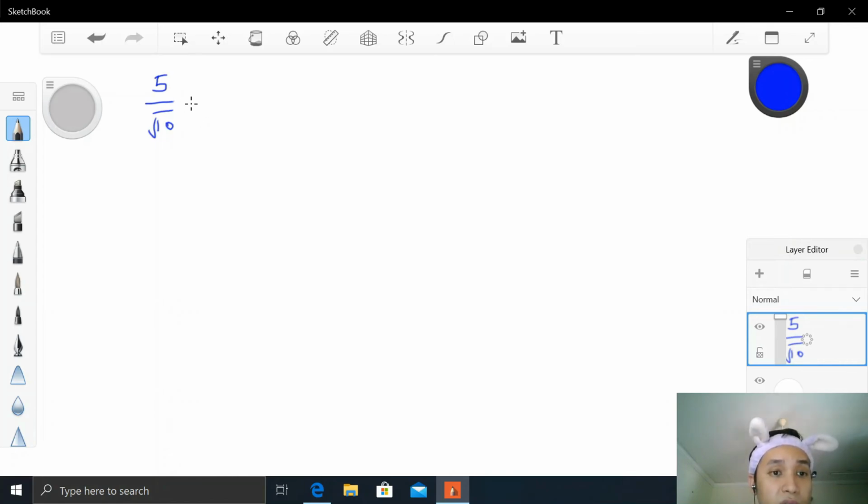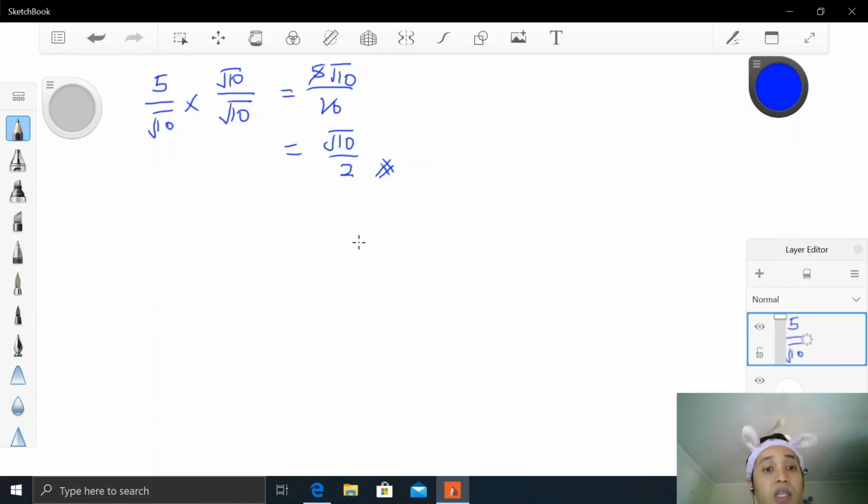I'm going to multiply by its conjugate surd, meaning surd 10, the one at the bottom. After you multiply, because this is the same thing in the surd, it's left with 10. Then the top will be 5 surd 10 over 10. This one you can simplify, so it will be surd 10 over 2. So this one will be the answer.